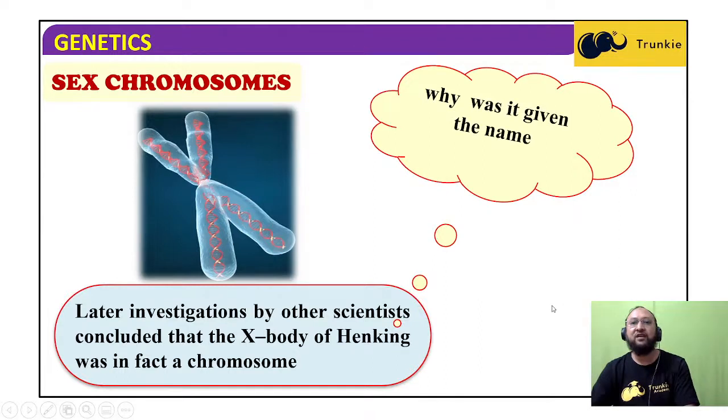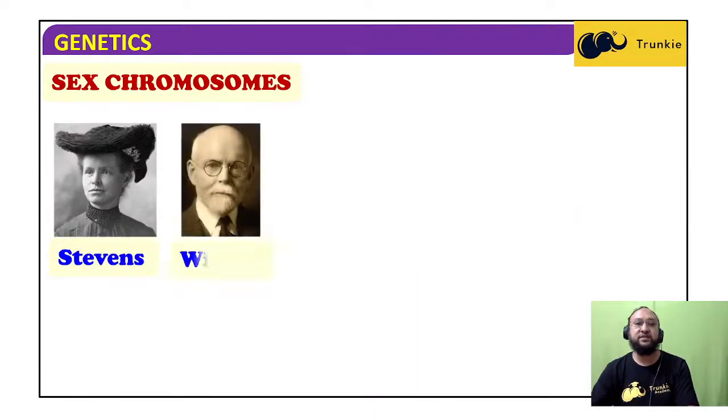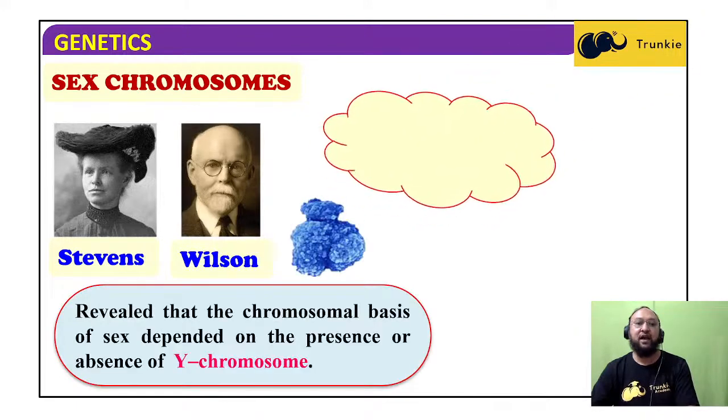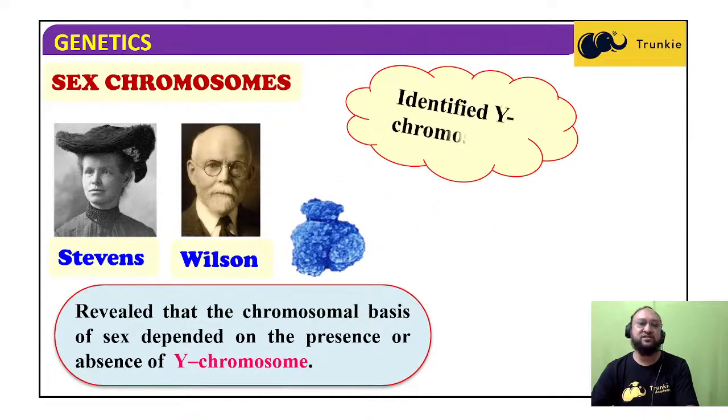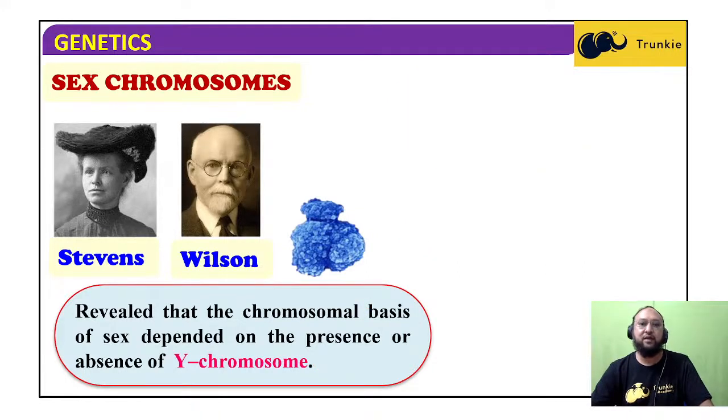So why was it given the name X chromosome? Stevens and Wilson revealed that the chromosomal basis of sex depends on the presence or absence of the Y chromosome. The Y chromosome was identified in Tenebrio molitor. They found that the Y chromosome is the main factor, because if an X chromosome fertilizes the X chromosome, it is female.